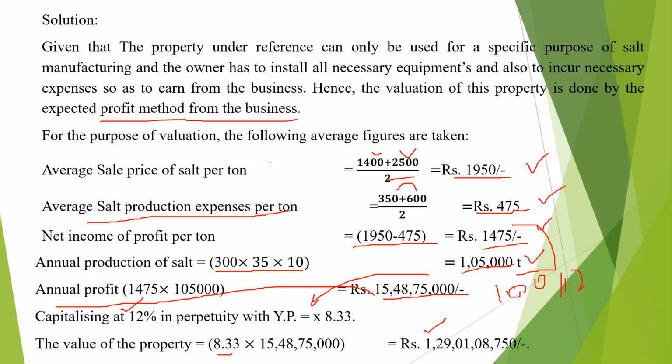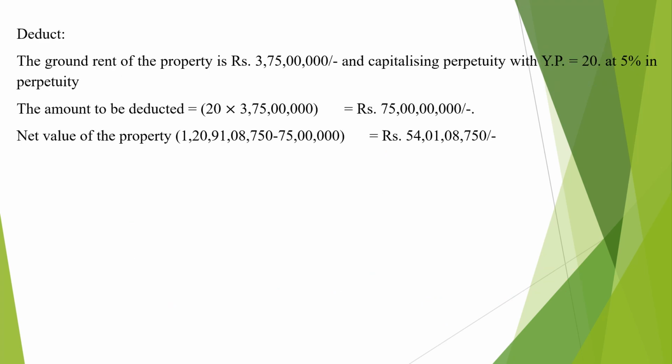But another thing is given that the owner has taken this property on lease and he is paying lease rent of 3 crore 75 lakhs. So you have to deduct the value of this 3 crore 75 lakh from this value so as to get the net value of the property. So total ground rent is 3 crore 75 lakh per month. You calculate its value at 5%, which gives you YP equals to 20.